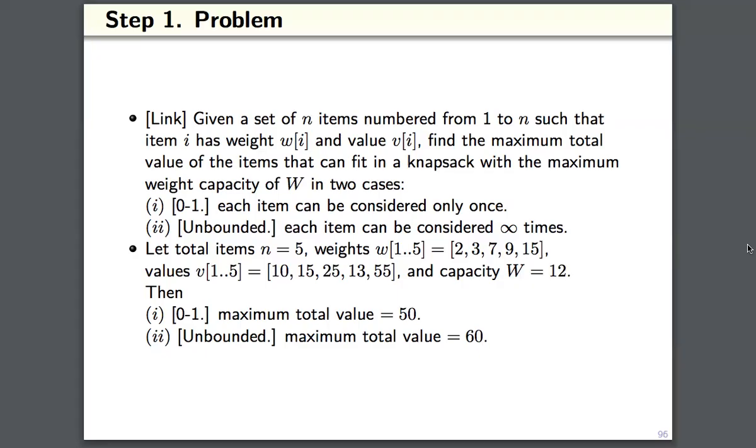Oh, okay, I see. So what is one idea? One idea is a dead simple idea, brute force. Exhaustive search. Try to find all possible subsets of these n items. There are 2^n subsets. Let's focus on the 0/1 version first. Take each subset, add all the weights, add all the values.